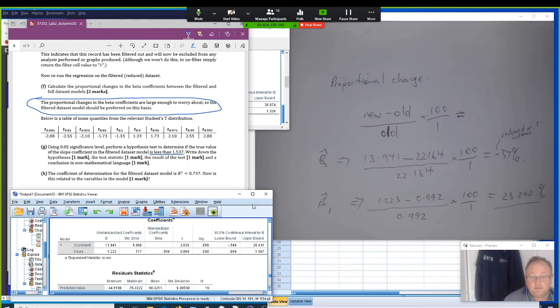So let's just spend a bit of time on this so that we can draw it out. The first thing I want to draw your attention to, we've identified the slope coefficient, and we want to see if the slope coefficient statistic tells us is less than 1.537. Now the reason that I've bothered with that is because the less than implies it's going to determine for us whether it's one-sided or two-sided in terms of the way we form the hypothesis.